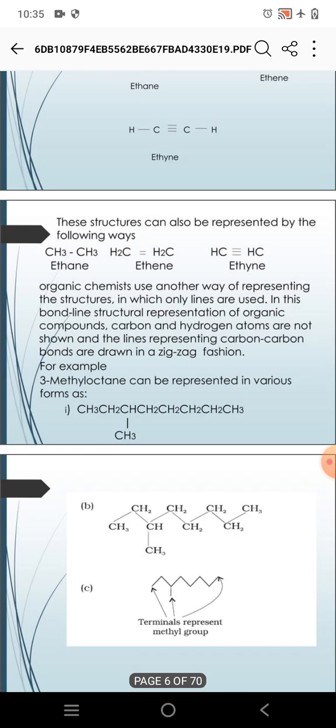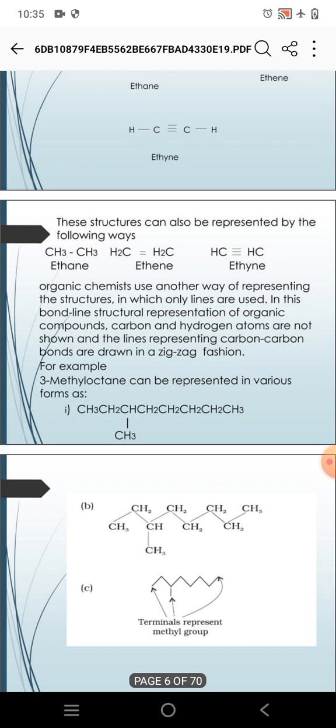Organic chemists use another way of representing the structure, in which only lines are used. In this bond line structure representation of organic compounds, carbon and hydrogen atoms are not shown, and the lines representing carbon-carbon bonds are drawn in a zigzag fashion.